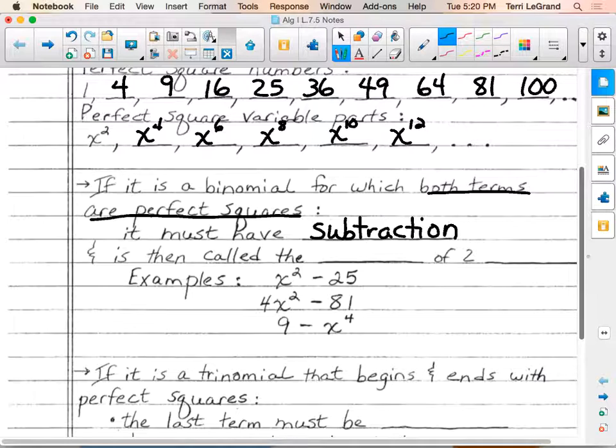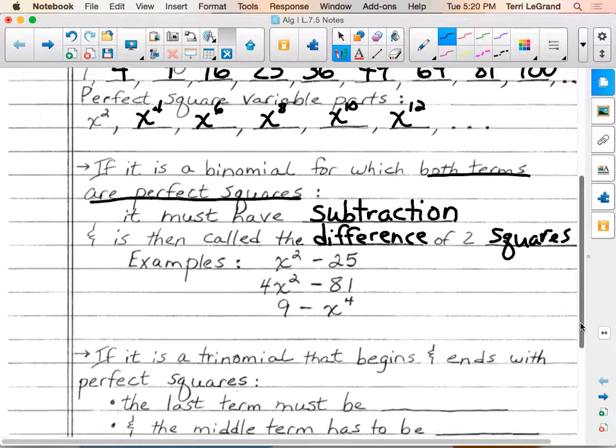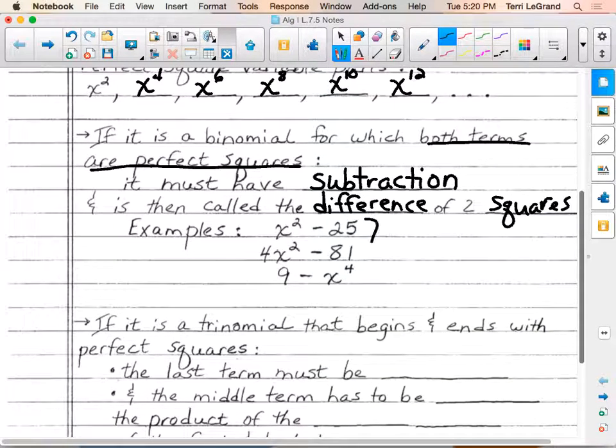It has to have subtraction so that it can be called one of our special products, the difference of two squares. We learned back in chapter 6, there is no such thing as the sum of squares, only the difference of squares.